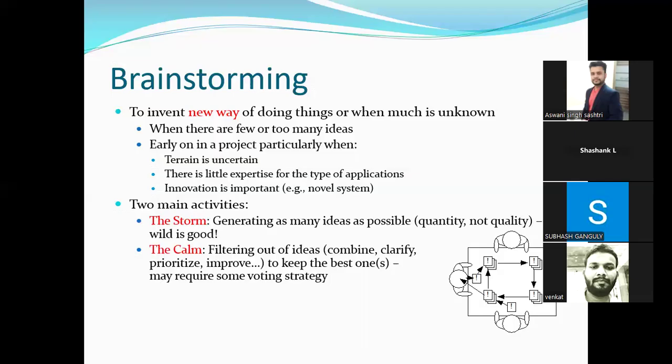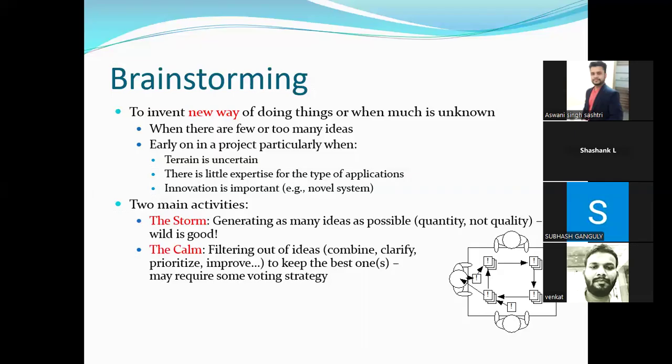Early on the project, particularly when terrain is uncertain, little expertise for the type of application, innovation is important. Means whenever we are having very little expertise, हमें पता नहीं है कुछ application के बारे में ज़्यादा, या फिर innovation, we are going to create a very innovative, new project. Then we are using the brainstorming.